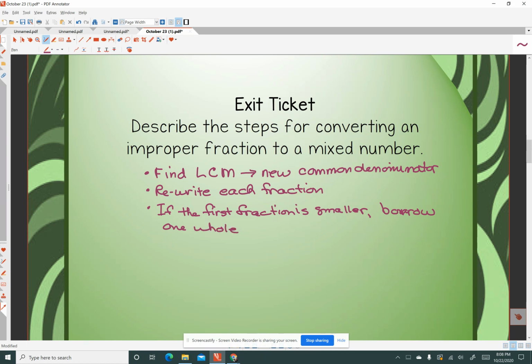And then we just need to convert. That's all they're really asking about. And then we just go on and subtract. So this will get us there.